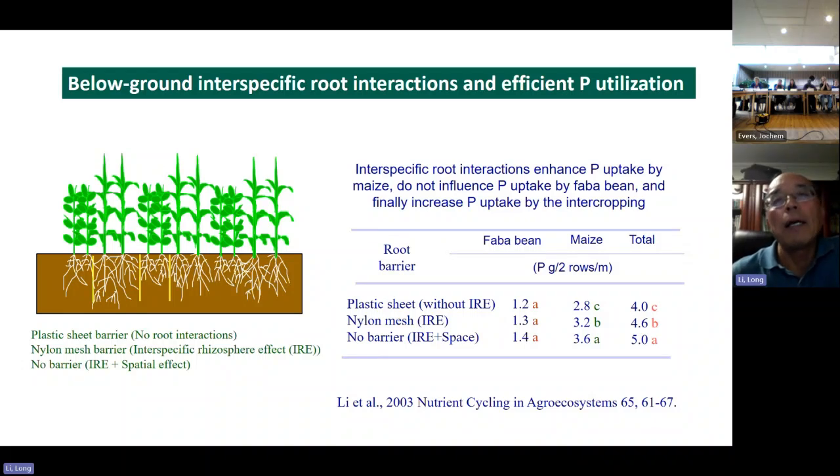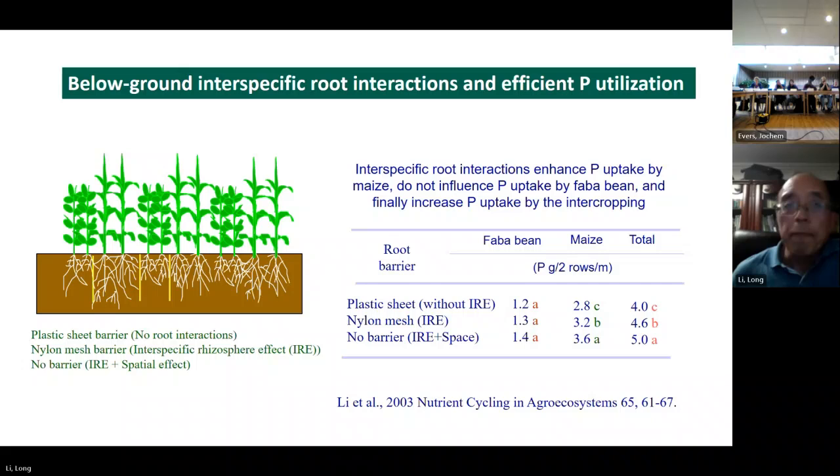And finally, it increased phosphorus uptake by the intercropping. So what we were interested in is, why? What's the mechanism behind the facilitation between faba bean and maize in the intercropping?